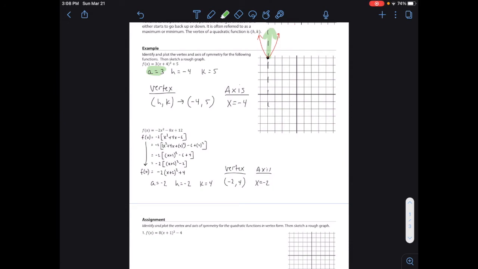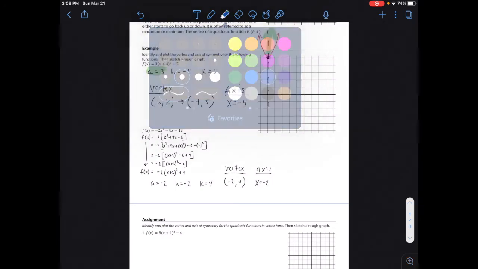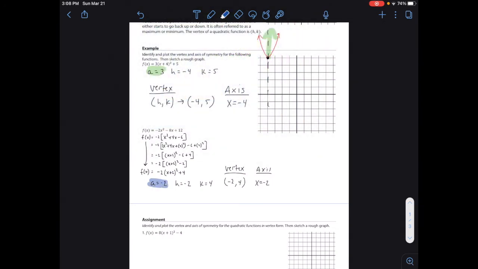When a is negative, that means our graph is going to be pointing down. So this one right here is negative. That means our graph is going to be pointing down for the bottom one. Or instead of pointing down, we say it's opening down, because the parabola is opening towards the bottom instead of the top.